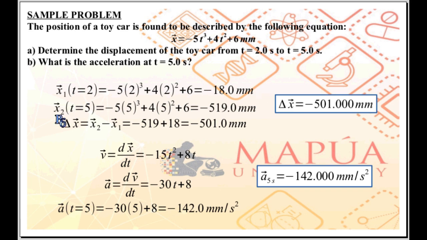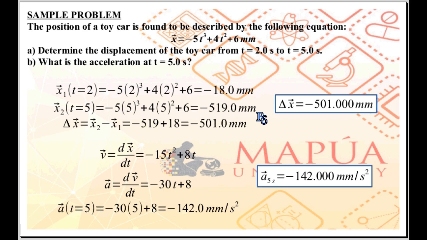To get the final position x2, you just plug in the final time t equal to 5 seconds into the equation of x, and that will give you the final position x2. x2 is equal to negative 519.0 millimeters.